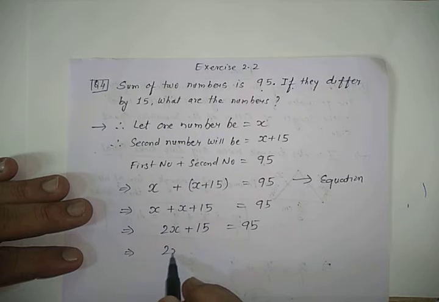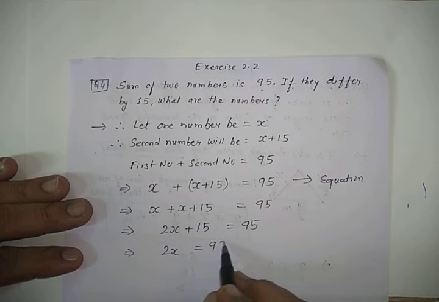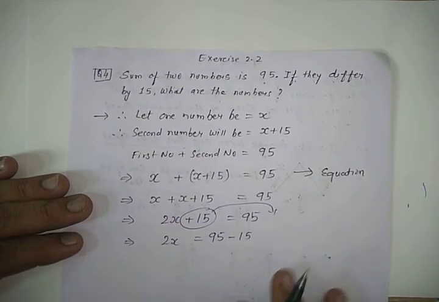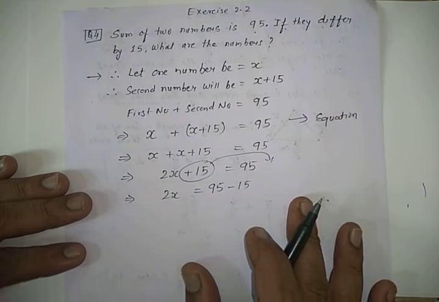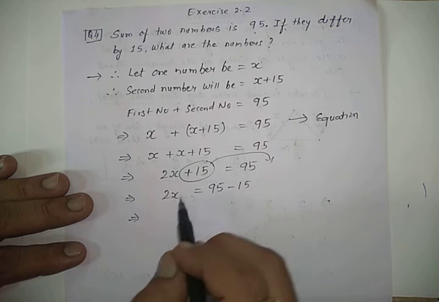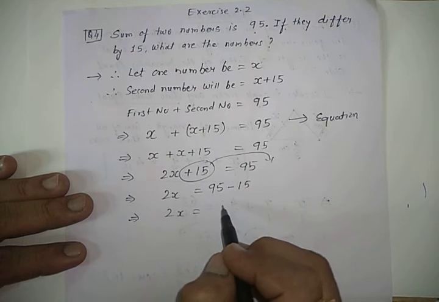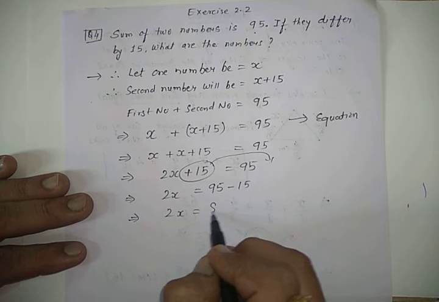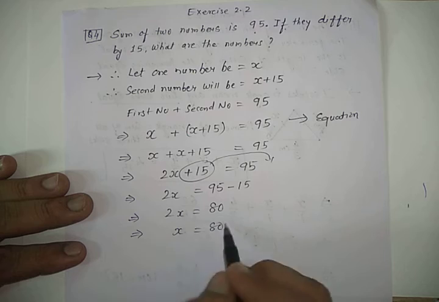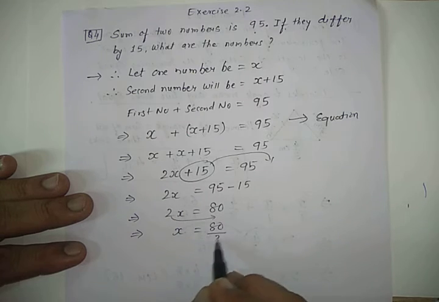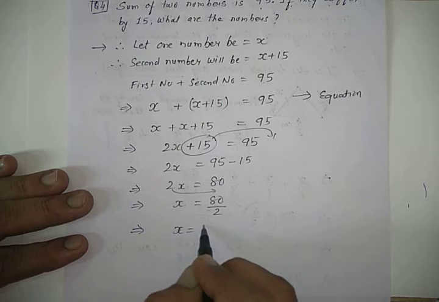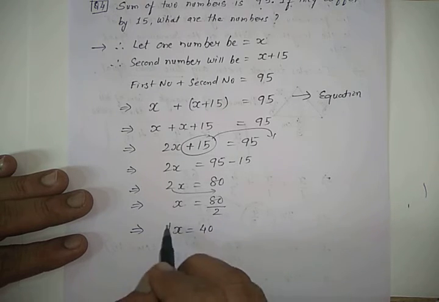So we need to find the value of 2x, that is 95 minus 15, going to the other side of equal to. The sign changes from plus to minus 15. Now we need to find the value, that is 2x is equal to what we have got, that will be 80. So we need to find the value of x only. So 80, and this 2 will be on the other side, and it will be the division. That will give us x is equal to 40.